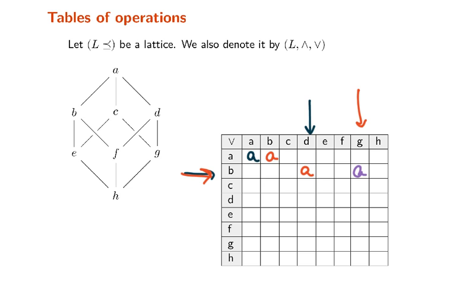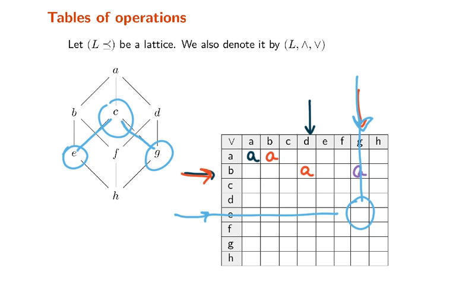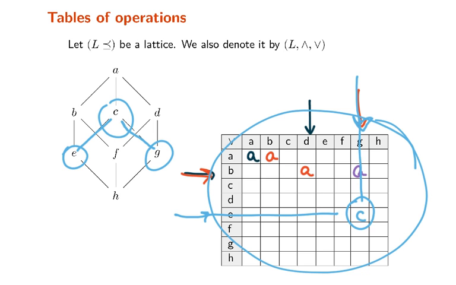What about, for instance, A and G? So let's look here, A and G. The question is, what do I put here? I look for the least upper bound, and it's C, so here will be C. In that way you can fill all this table of operations for this particular lattice.